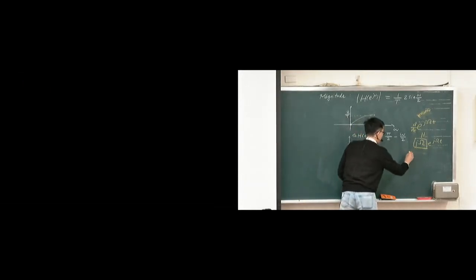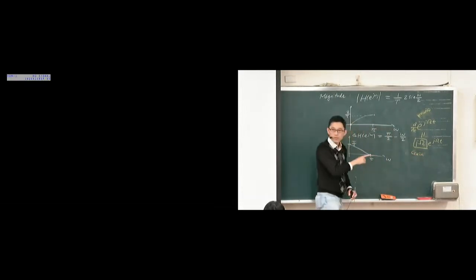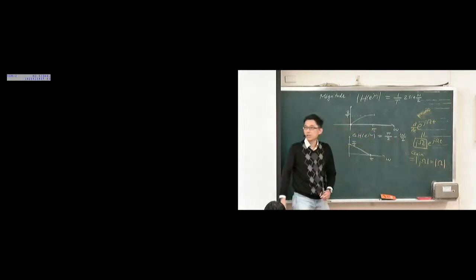Therefore, what we want to approximate is the idea that the gain should be equal to j omega, which is basically omega. Omega is the gain in continuous time.